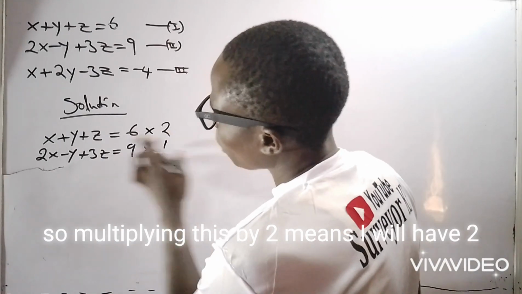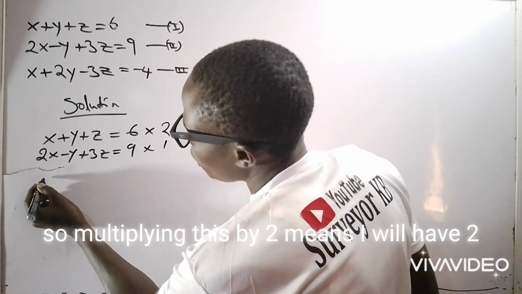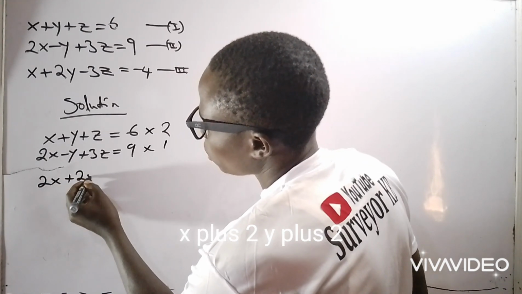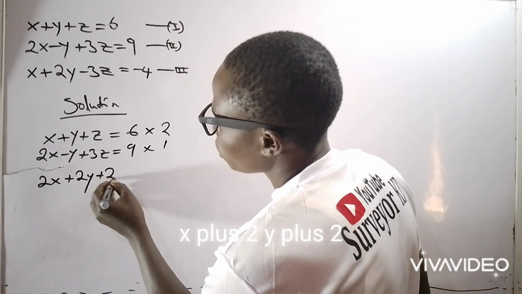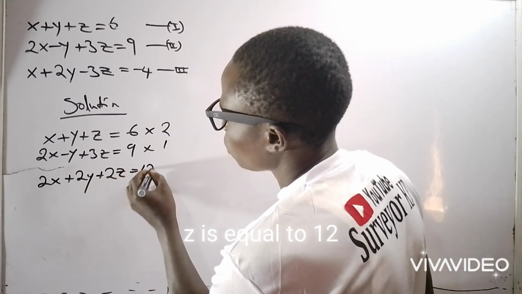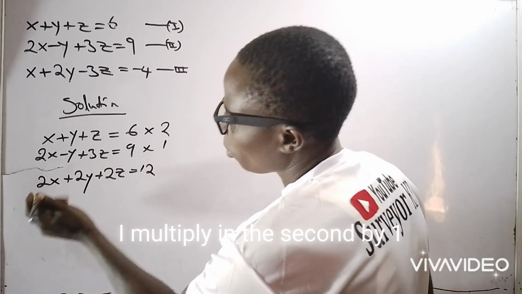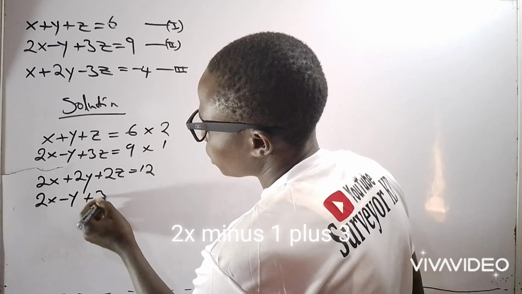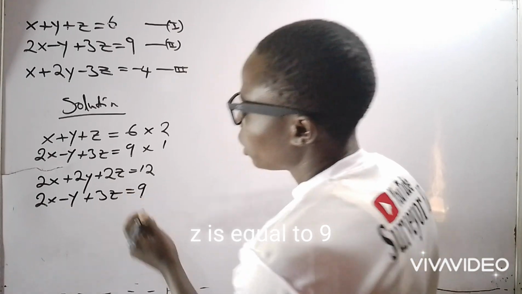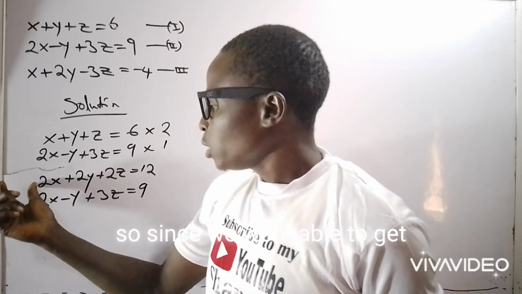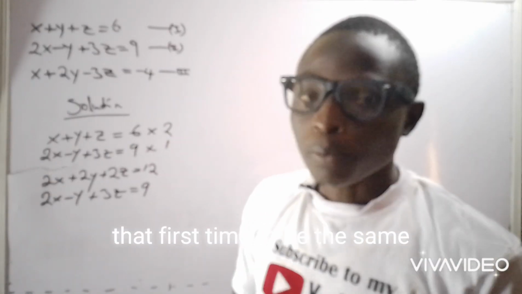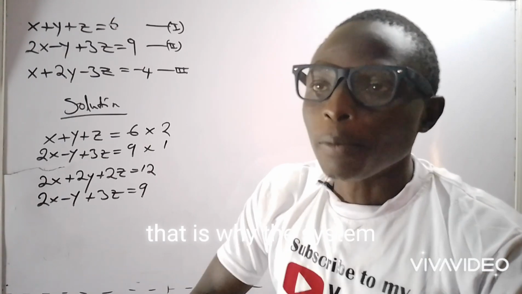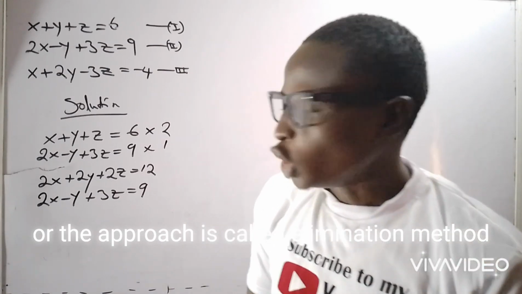So multiplying this by 2 means I will have 2x plus 2y plus 2z is equal to 12. And multiplying the second by 1 means I will get the same 2x minus y plus 3z is equal to 9. So since we were able to get the first term to be the same, we are going to eliminate them. That is why the approach is called elimination method.